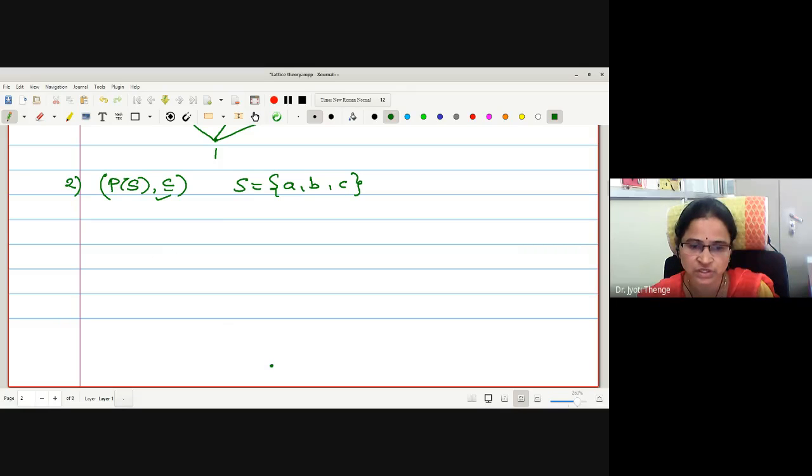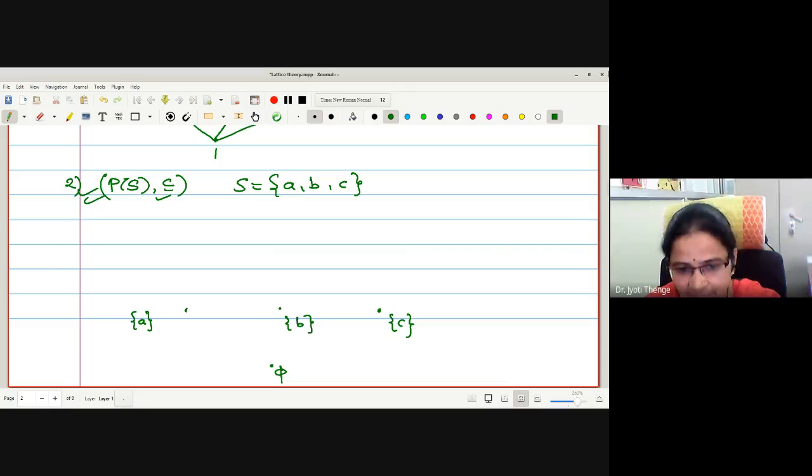Inclusion is the relation. The first element I will draw is phi. Phi is contained in all singleton elements, I'll write singleton A, singleton B, singleton C. I'm not writing the power set because I assume you know the power set.